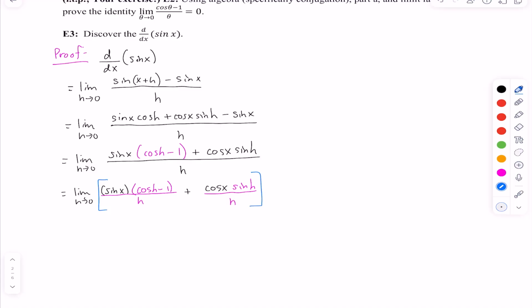Now, with calculus and limit laws, you want to think 2 steps ahead. So you want to know if the limit of this function here exists or not.